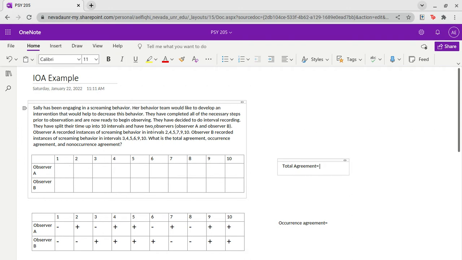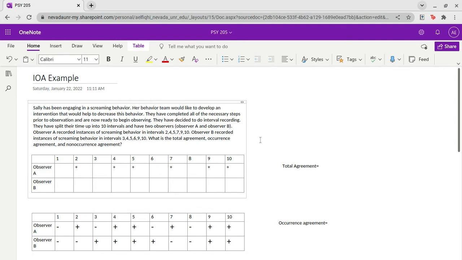So you would want to go through and mark all the intervals that have occurrences of the behavior. So for observer A, that is in intervals 2, 4, 5, 7, 9, and 10.